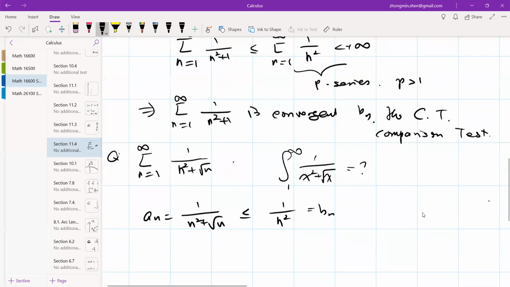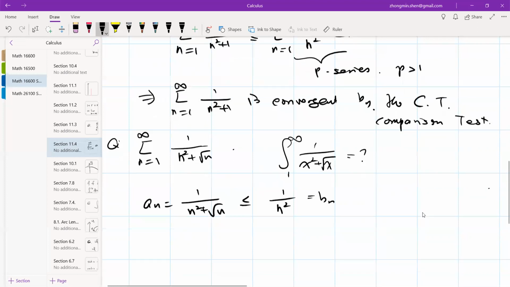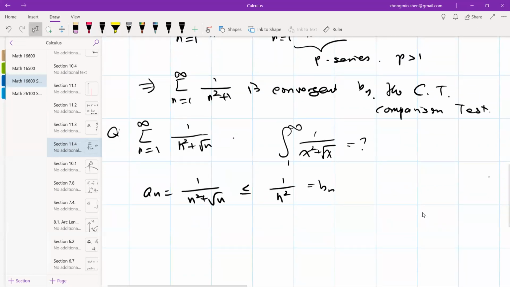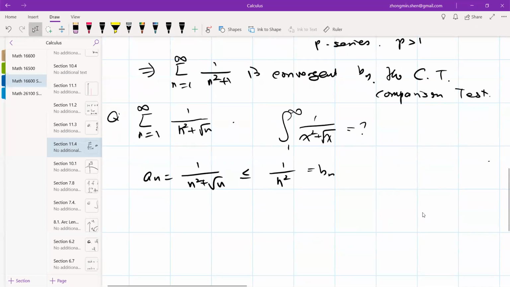Okay, you can find a formula to evaluate the integral, but how can I modify the function to the one I really want? And make sure the inequality is correct. You cannot just simply drop some terms. If I change the positive n squared to a negative n squared, then you cannot do the problem like that.